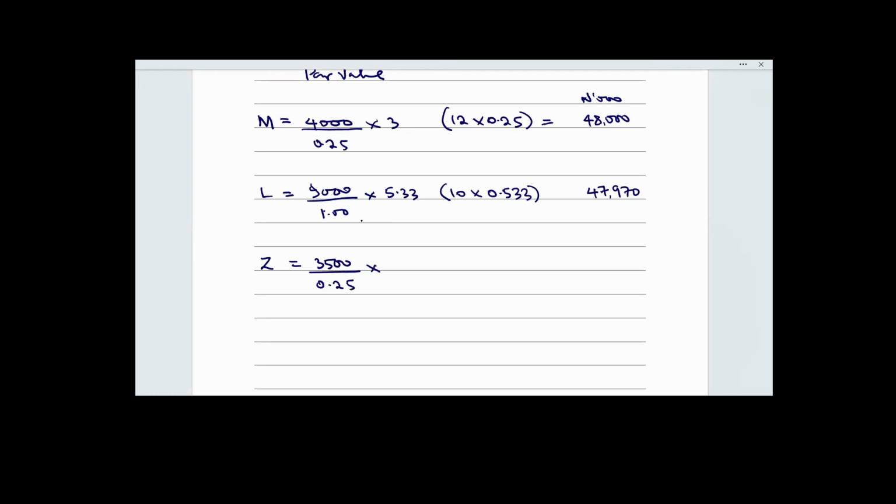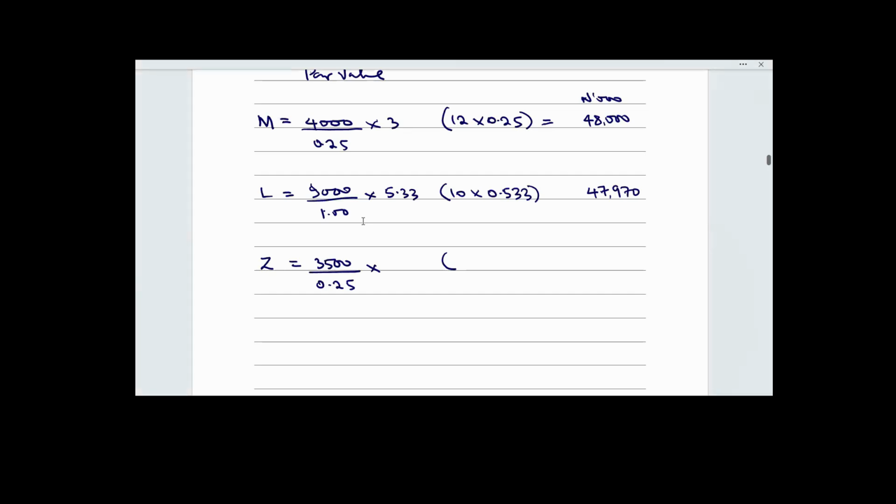I don't know the share price. I need to work it out. What's the price earning ratio of Zambezi? 9 times. Earnings per share is 38.1 kobo.